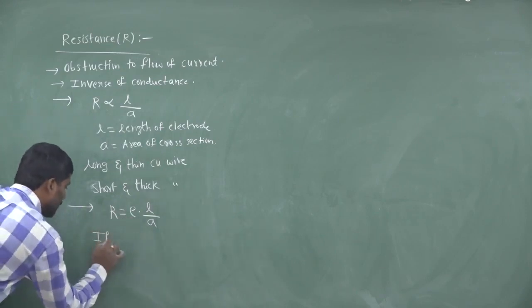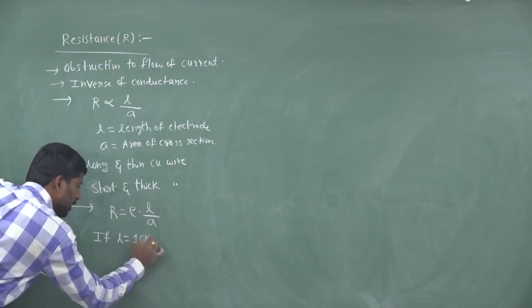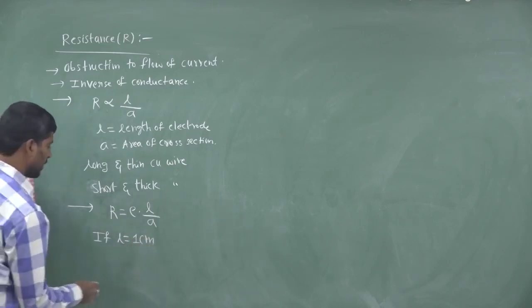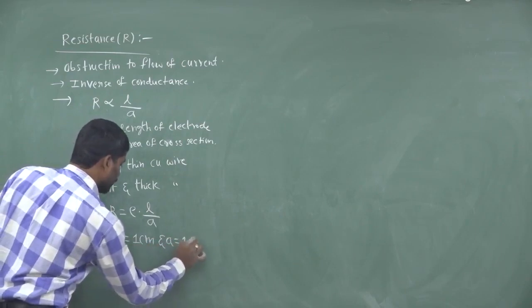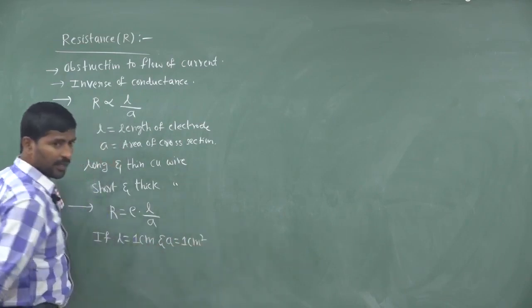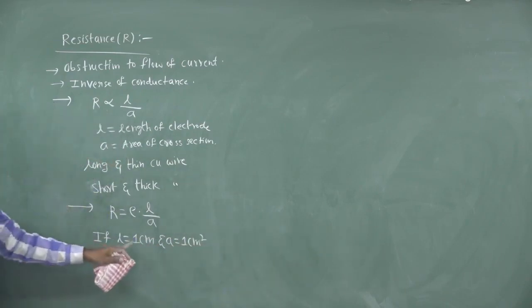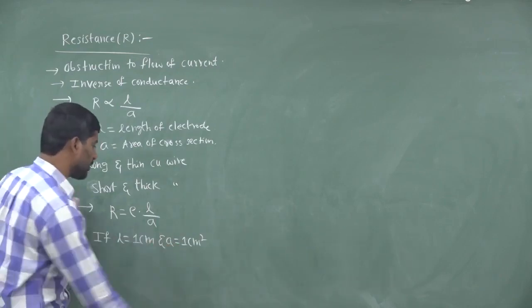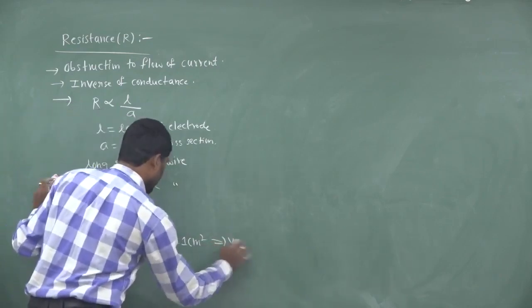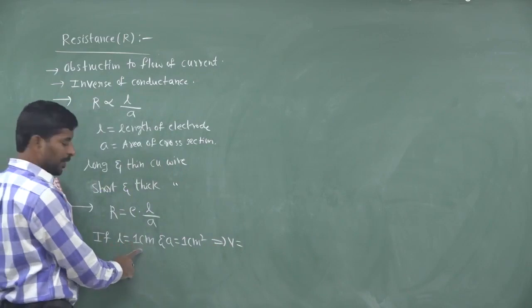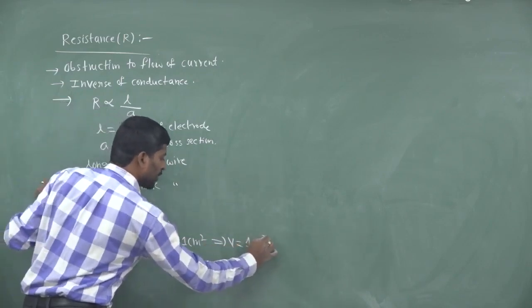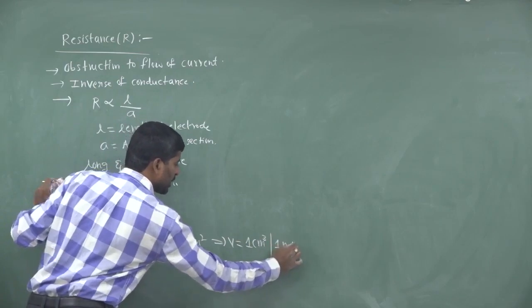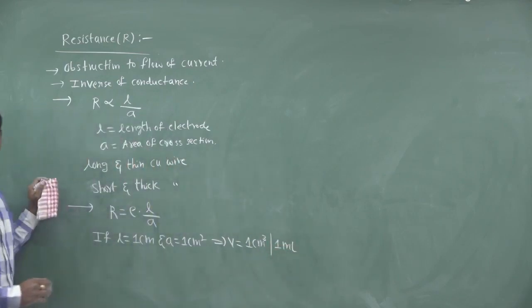If you take, for example, L equal to 1 centimeter, or 1 meter under SI conditions, and area 1 centimeter square, or 1 meter square under SI conditions, then what about the volume? Volume is 1 centimeter cube. 1 centimeter cube is nothing but 1 ml.